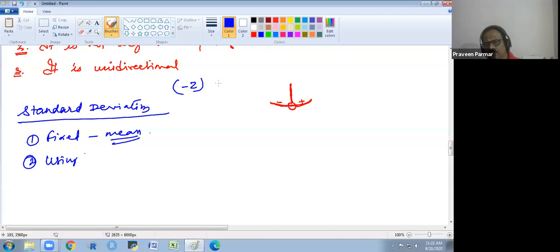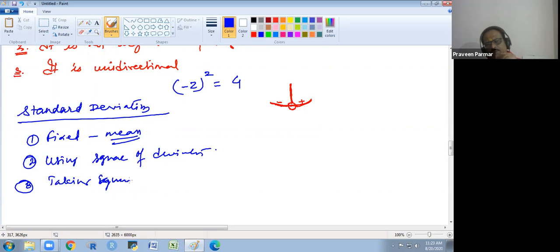If I have -2 and I square it, I will always get a positive value, so negative or positive will become positive. So we use the square of deviations. Third thing, taking the square root. If you take the square root, you get both positive and negative. It is bidirectional. All three demerits have been fixed now.